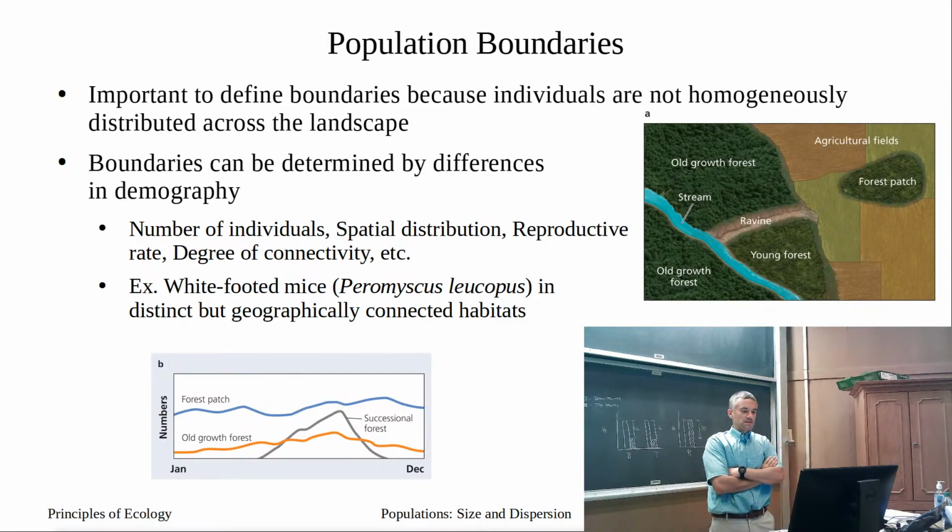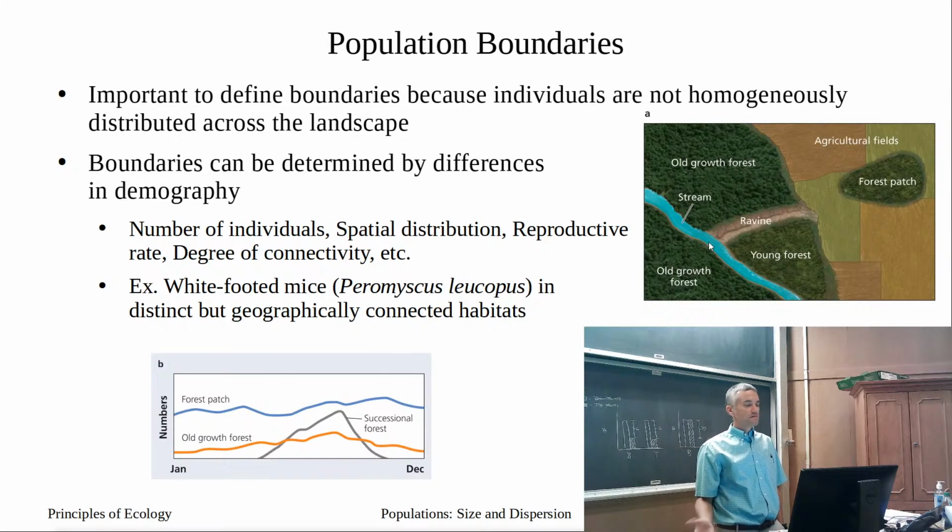All right, so in this example, this could be an area where we sampled for, let's say, mice, something small. We have to be able to separate the mice that are found in the old growth forest versus the young forest and the forest patch and the old growth forest. Just looking at this geography, do we think mice are going to be moving across that river?